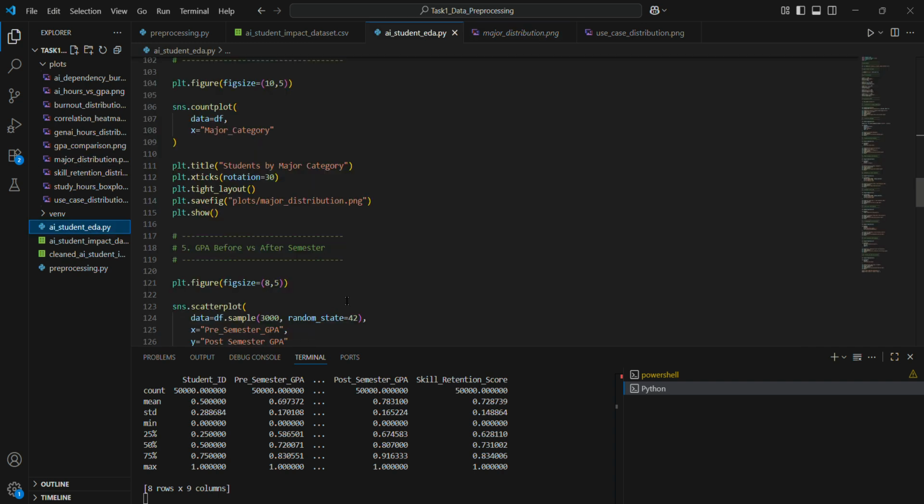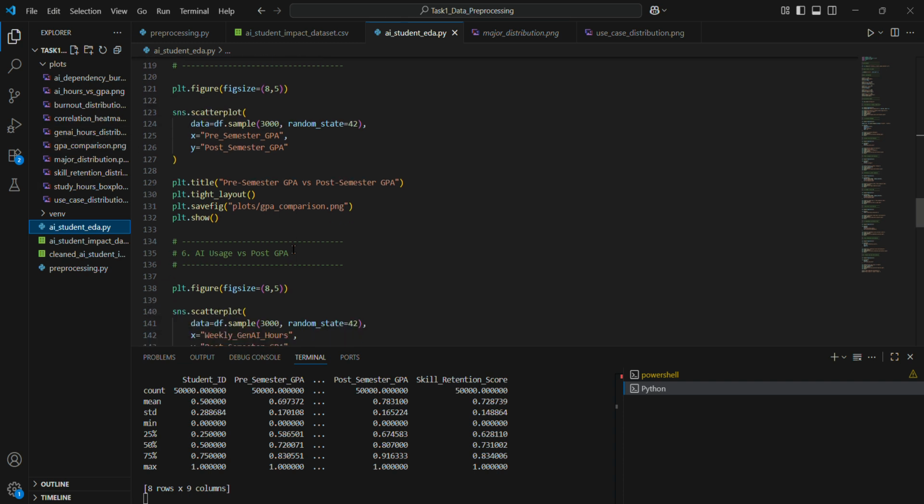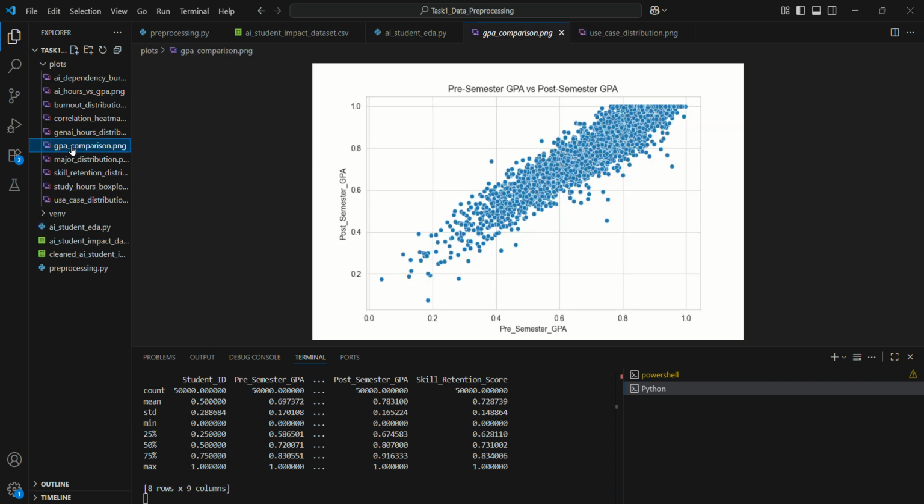Then again, coming back to the Python file, we have this GPA before versus after semester, which has been saved as GPA comparison. We see a large cluster here. Most of the students who scored well in pre-semester GPA also scored well in post-semester GPA.